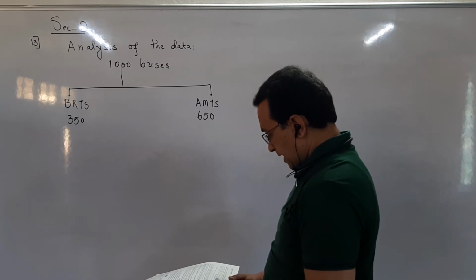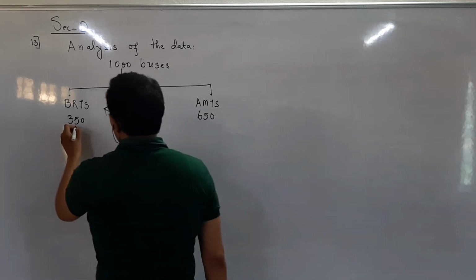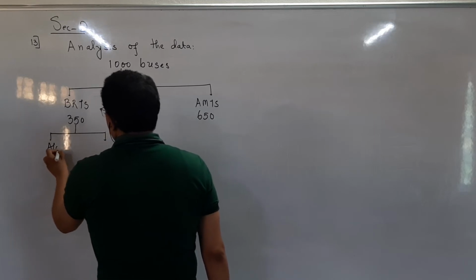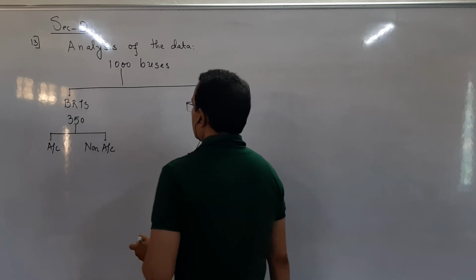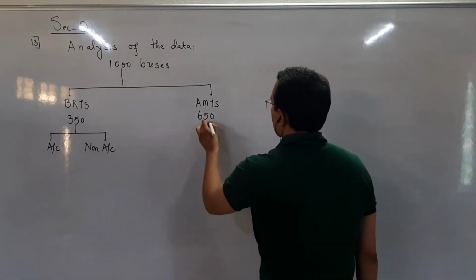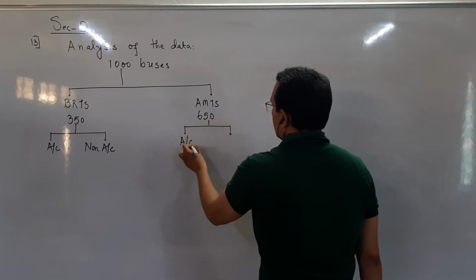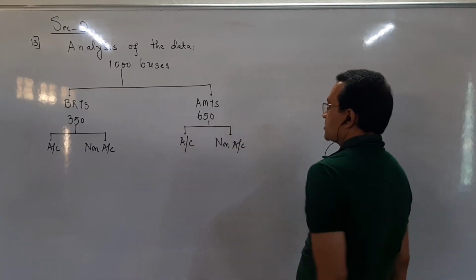Of total 400 air-conditioned buses, 250 were used as BRTS. AC and non-AC. Here also we have two categories. One is AC bus and the other is non-AC bus.